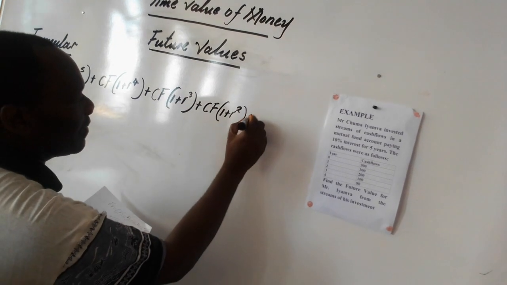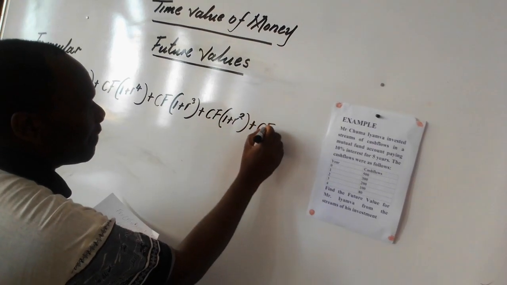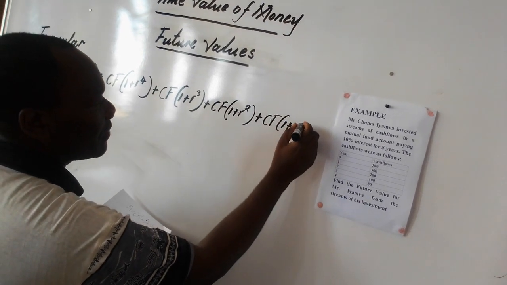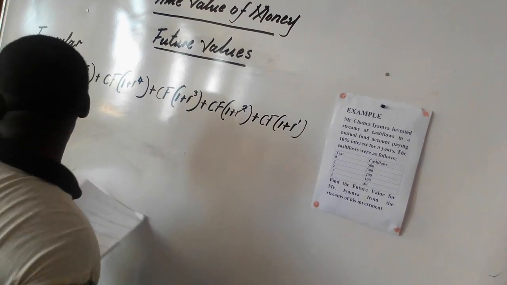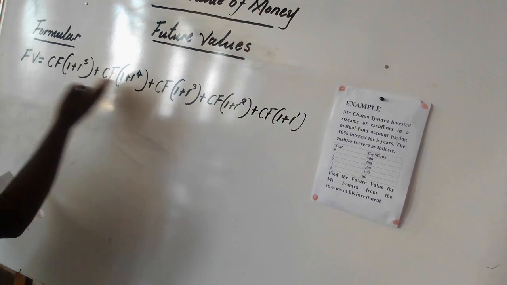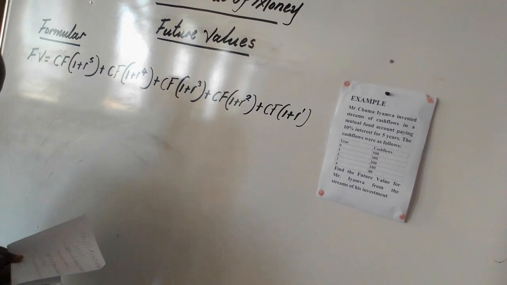Then we have the last one, cash flow times (1 plus R) power 1. Okay, so this is the formula that we are going to have.